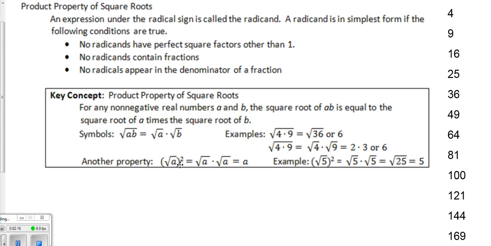Another property to look for: if you square a square root, they basically just cancel each other out. So if we had the square root of a, squared, those cancel out, so we just have a left.